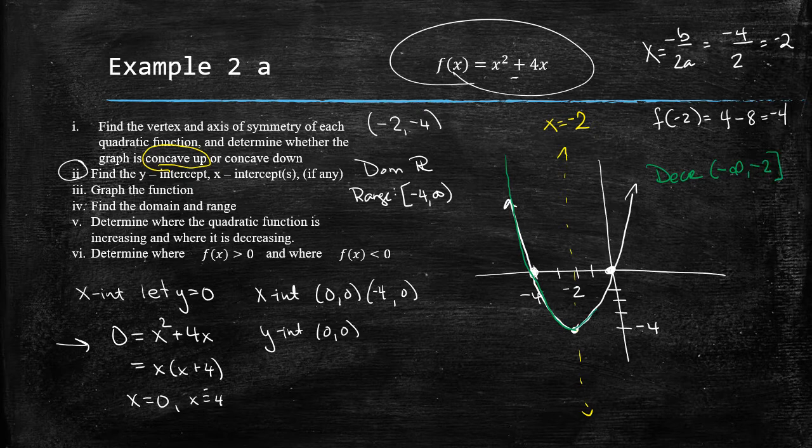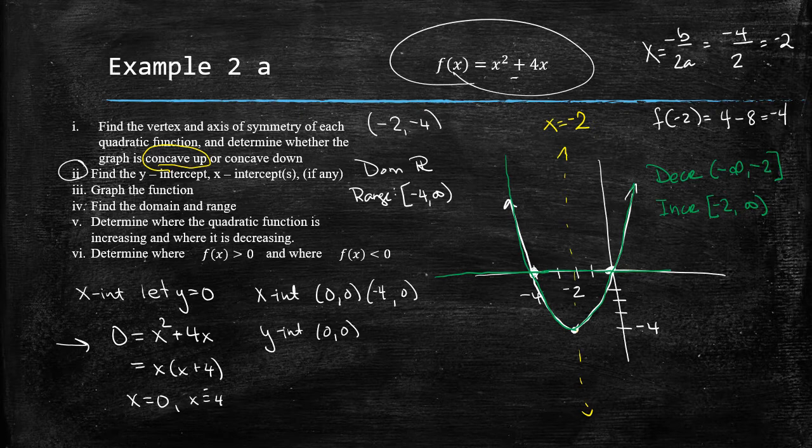And then it's increasing after that, negative 2 to infinity. Okay, so again, these are intervals of the x-axis. So if I'm here on the left side of the x-axis, coming up to negative 2, my function is decreasing. Once I get beyond negative 2, then my function switches to increasing.